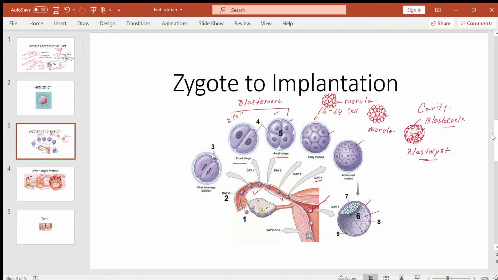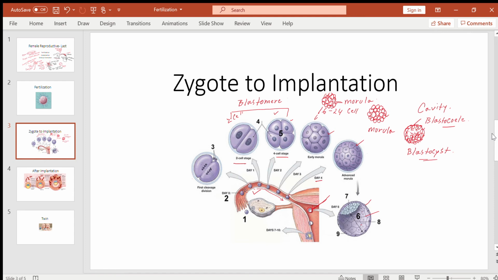Okay, so now it is ready to get implanted. That means stick to the endometrium, because endometrium has made a soft, thick, nutrient rich bed, right? So it is like when you do gardening, you make a soft bed of soil, put the water and fertilizer to make it nutrient rich bed.